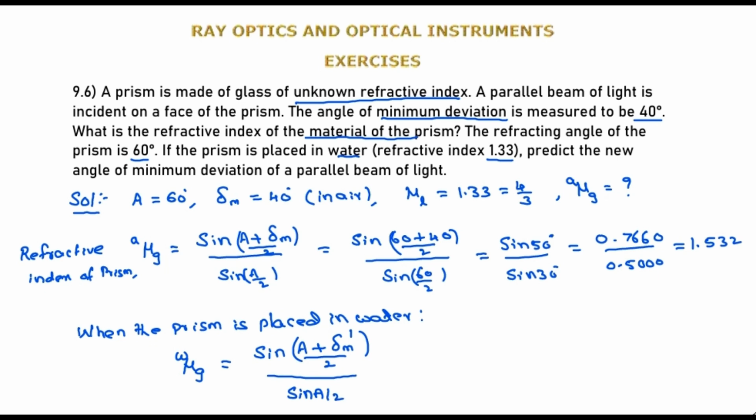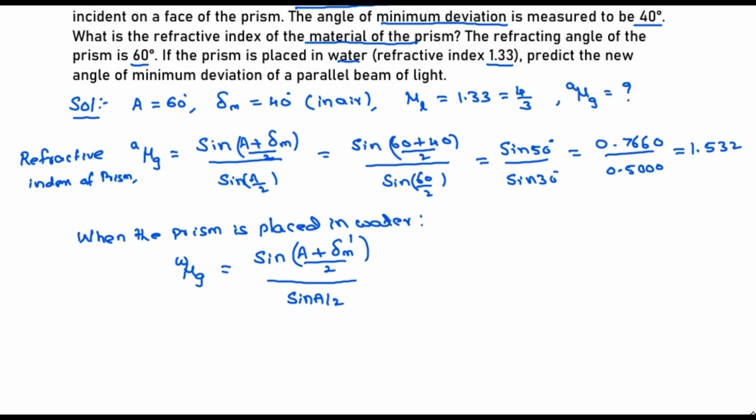Now the left hand side, the refractive index of the glass with respect to water, can be written as the refractive index of the glass with respect to air divided by the refractive index of water with respect to air. That is equal to sine of (60 plus delta m dash) divided by 2, divided by sine 60 by 2, that is sine 30.